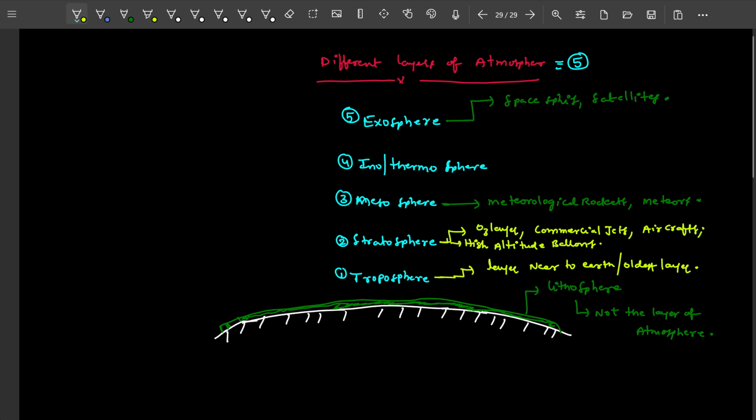Normal aeroplanes are also here only. Supersonic jet planes also travel in the stratosphere only.